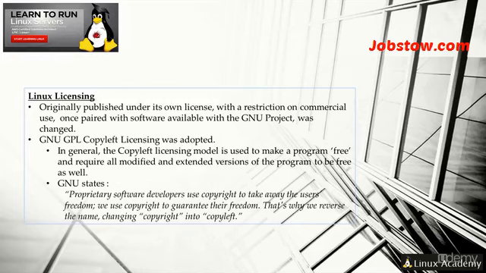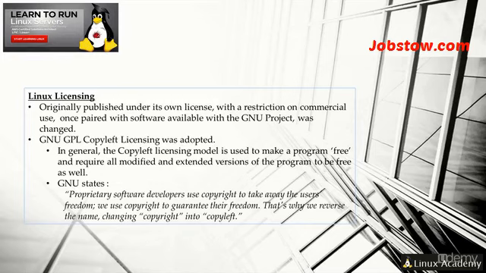Now, copyleft licensing agreement was developed by GNU so that all applications or programs that were developed under this license made the program free as well as the source code, and it had to be distributed with that application anytime it was used or modified or extended, and all of those changes also had to be distributed with the software for free. You couldn't derive something from the free software without then releasing the changes or extensions that you made.